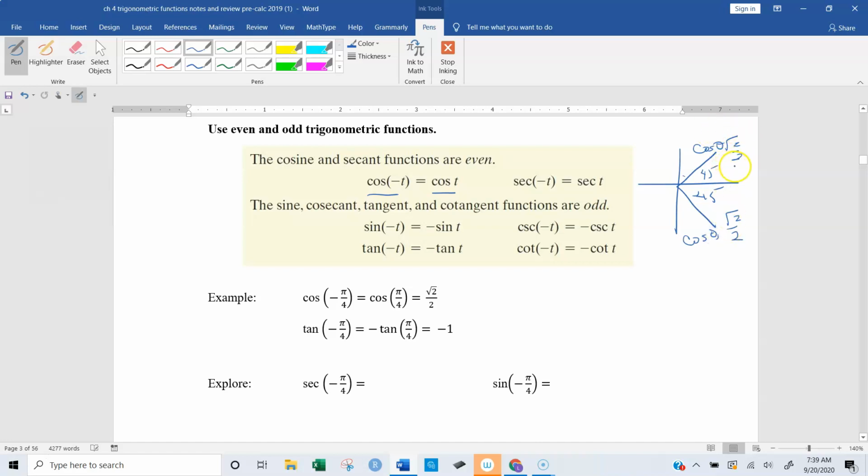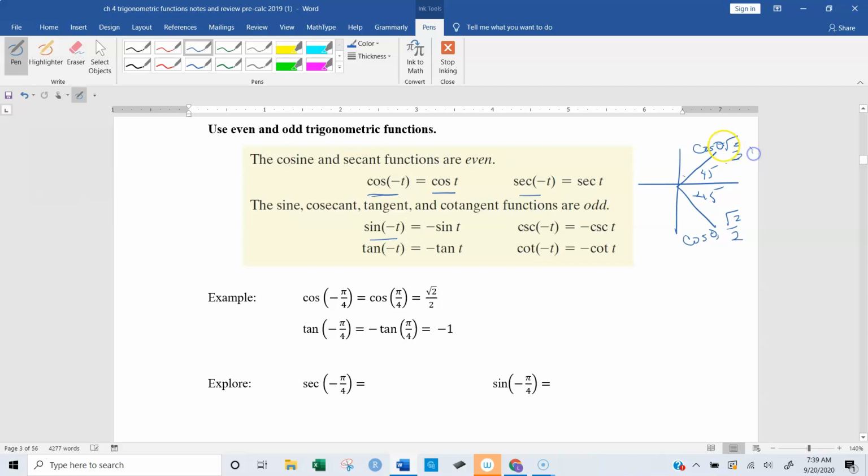Remember, cosine is the x value, right? So the cosine of a positive or negative angle is the same because x stays the same. All right, same as secant because these guys are reciprocals. Now sine, all right, so sine is the y value. Well, if you look here, the sign changes.